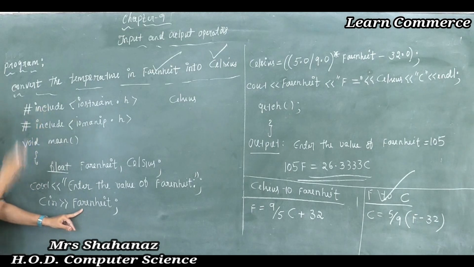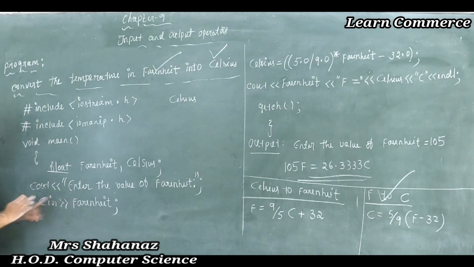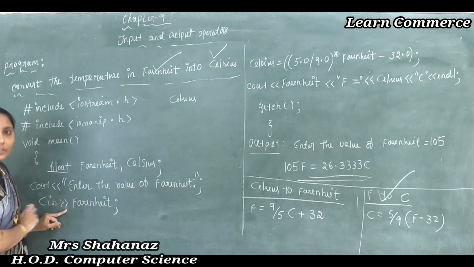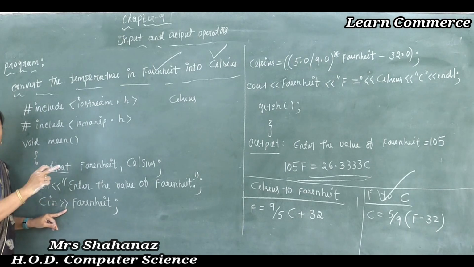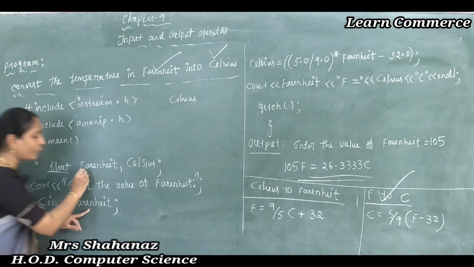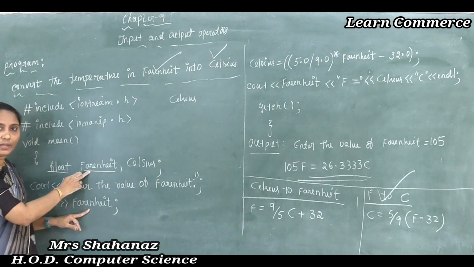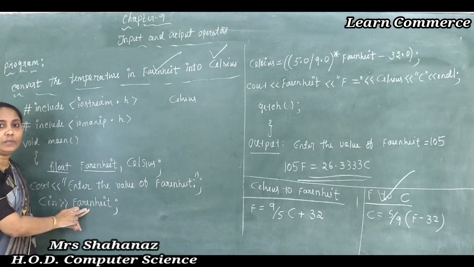of the Fahrenheit into Celsius, correct, no? So now, to input any data into the variable Fahrenheit, surely we need to use the cin operation, and cin uses the input operator, also called the stream extraction operator, which is two greater-than signs. And later, however we declare the Fahrenheit variable spelling, like that only we need to use.